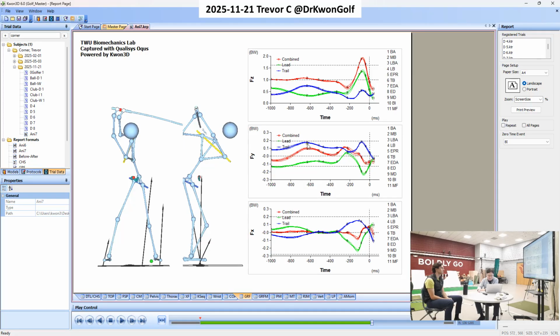This is when you have a maximum vertical peak as well. So you're pushing the ground down and laterally at the same time. This peak and this peak occurred at the same time, but this force should be maintained more or less throughout the swing, throughout the backswing. But you're losing that here because you're just spinning.